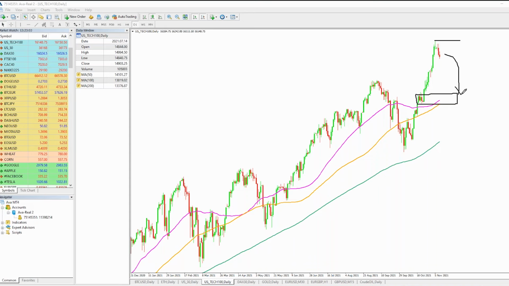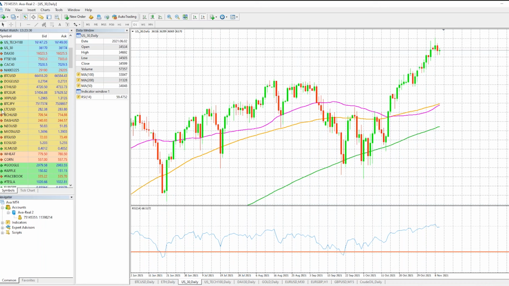So you will let this trade come over here, perhaps, or at least into this area over here, which is about 15,800 at least, as an aggressive level. And on the buy side, we will not be taking that because, again, the RSI is way overbought. I know it's not showing over here, but you just have to take my word on that. The Tech 100 is absolutely overbought.